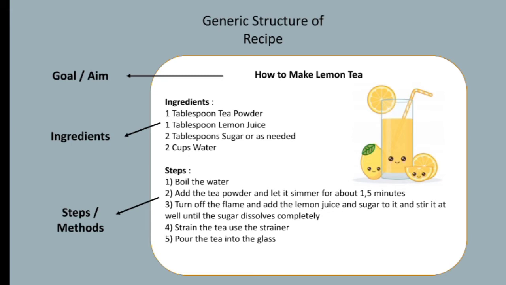Okay, and the last one we have the steps or methods. There are many steps for how to make a lemon tea. And the first one, you are going to boil the water and add the tea powder and let it simmer for about 1 hour, and turn off the flame, and many more.